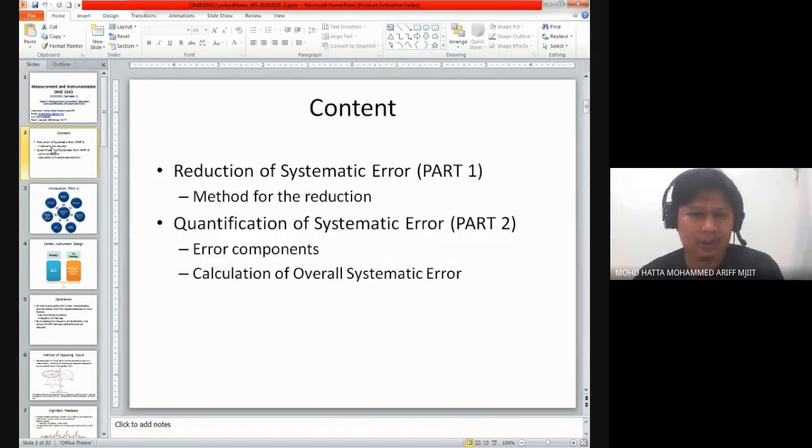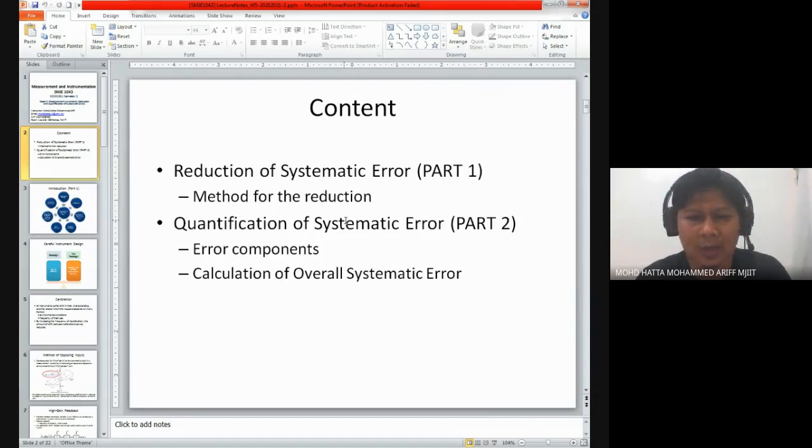Okay, here are the details of the content. So the first part, as I mentioned earlier, is more on methods of how we can reduce the systematic error, and the one that I presented in this slide is basically basic. I mean, the description is very basic, and if you would like to know it in detail, you can have a look at the textbook that I provided, or the materials provided in week 4, if I'm not mistaken, chapter 3, Reza Langgari book.